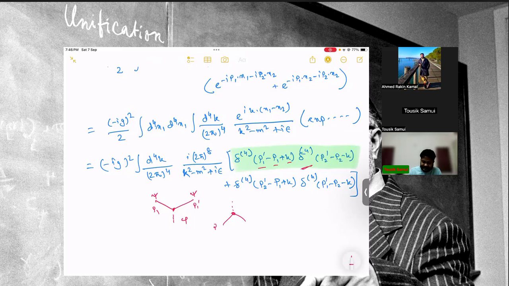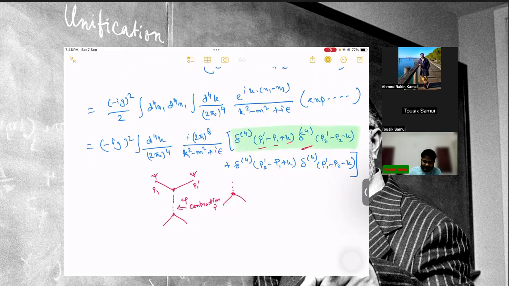And it essentially says that this is the contraction that we can represent via something like this. This represents the contractions, that is the Feynman propagator, and the other things are represented by these lines.